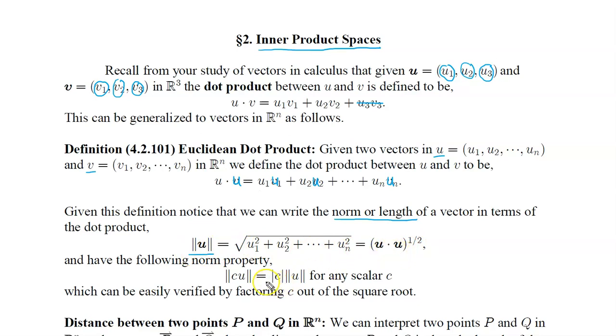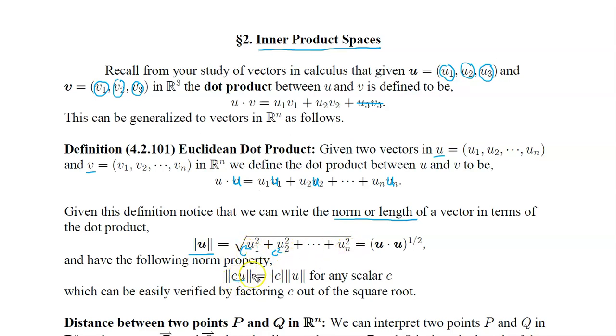Alright, and also take note that we have this other property for norms. If you take a scalar c times u, and you take the norm of that vector, you can actually move the c outside the norm symbols, but you have to put absolute values around it. So this quantity is equal to the absolute value of the scalar c times the norm of the vector u. And you can easily verify this. Up here, in each of these terms you would have a c squared multiplied against each of these terms.